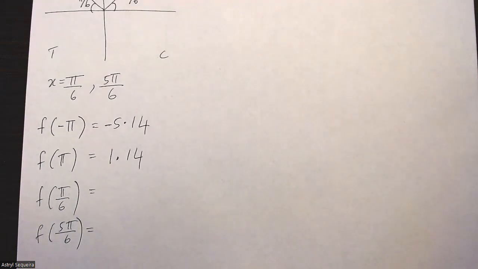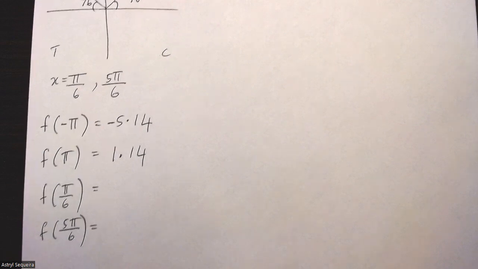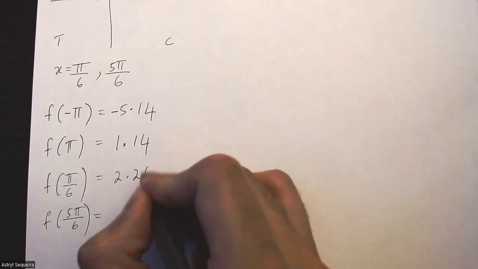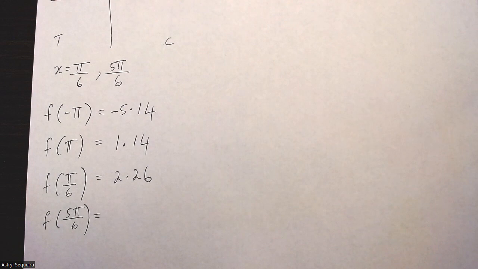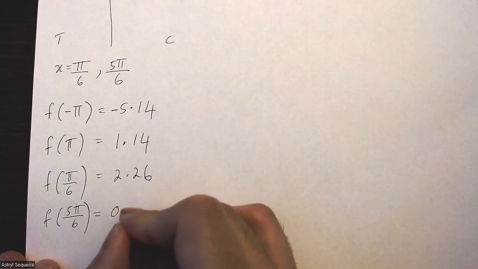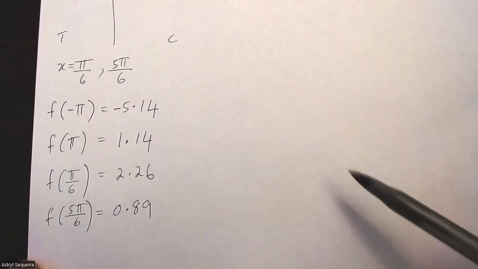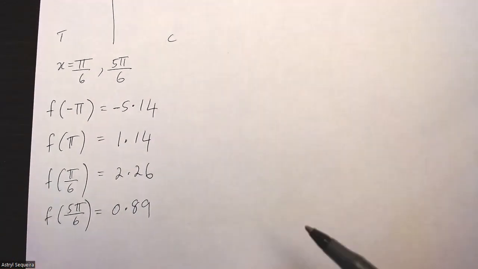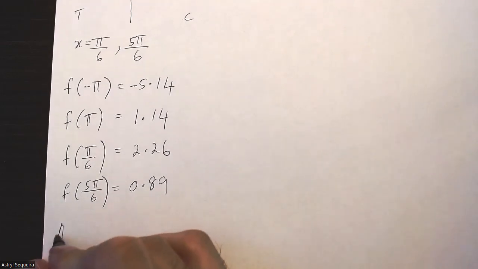Pi over 6 is next. I get 2.26, and I'm rounding these all to 2 decimal places. And the last one to test is 5 pi over 6, which is 0.89.